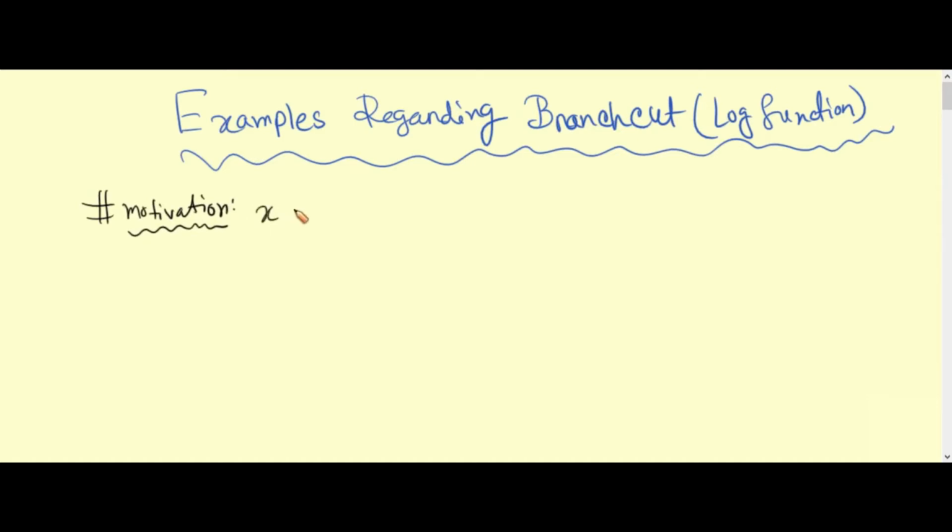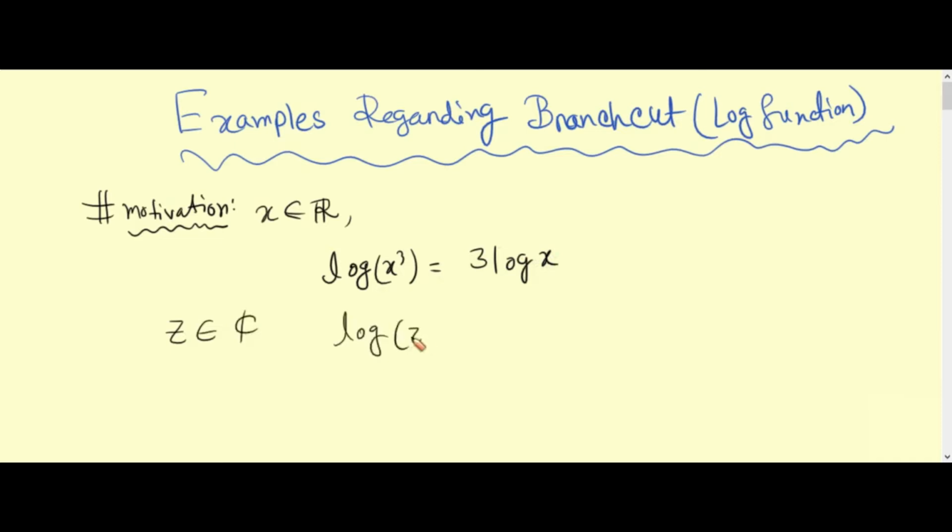So if you have some x that is a real variable, then you can write this kind of thing. That is, if you have a log x cube, you can write it as 3 log x, right? This is always true when x is a real variable. But if z belongs to the complex numbers, this is not always true.